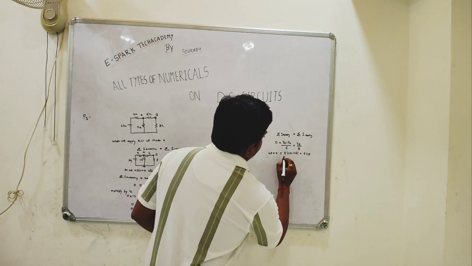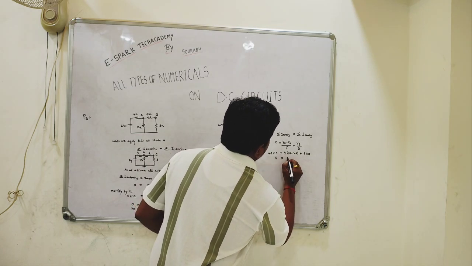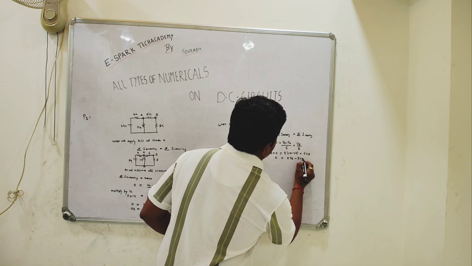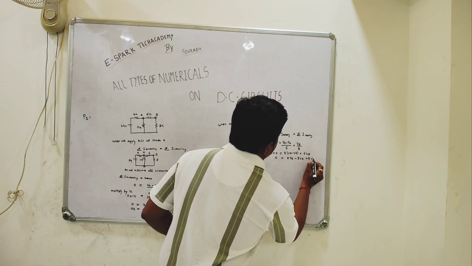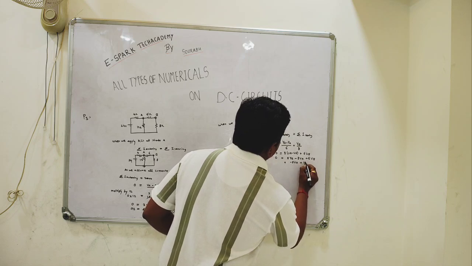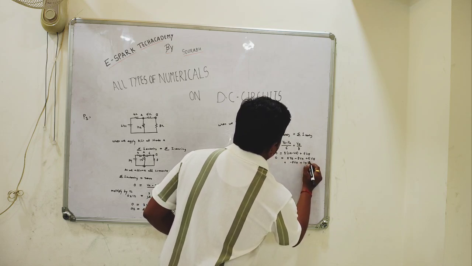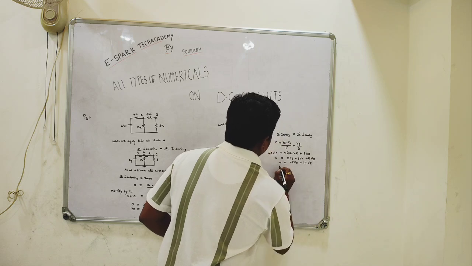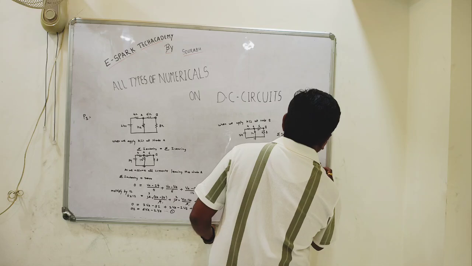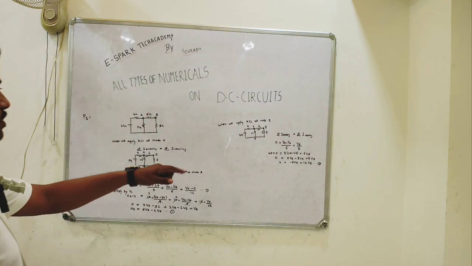Now 0 equals 8 VB minus 8 VA plus 6 VB, that is, minus 8 VA plus 14 VB is equal to 0. This is the second equation. This is the first equation.